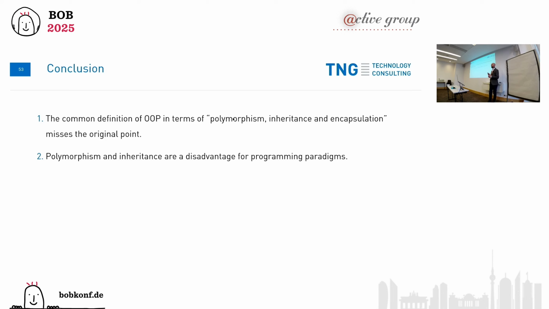We saw that polymorphism and inheritance are a disadvantage for programming paradigms. They get in the way of reusability, they get in the way of extensibility, and they make type systems less expressive, more complicated.